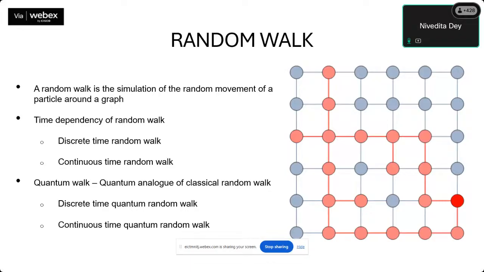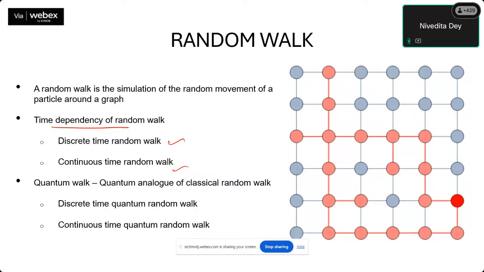Okay, jokes apart. So this is a random walk, and it is a time dependent random walk. It can be a discrete time random walk or a continuous time random walk. They differ by the time interval between two consecutive steps. In more technical words, discrete means say after every 1 minute I will make a step.